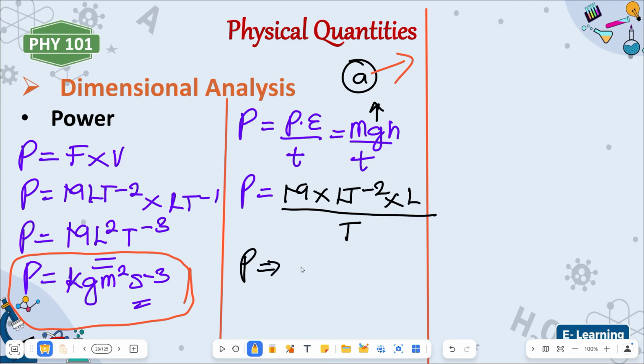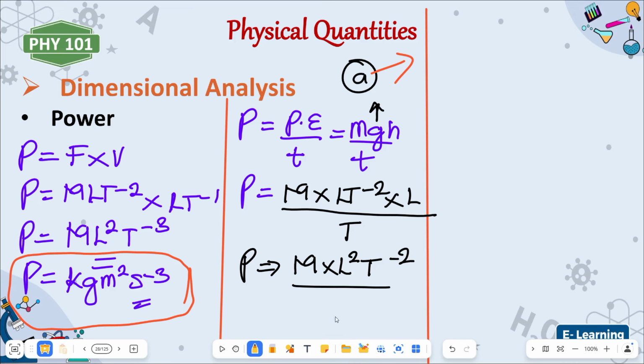So power would be equal to, when you multiply these two things, you have m. L times L will give us L squared. And here will give us T^-2. Alright?